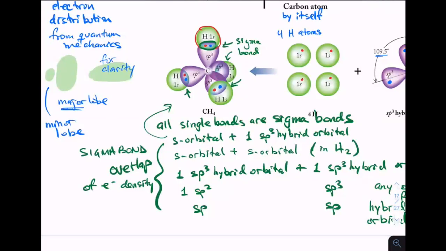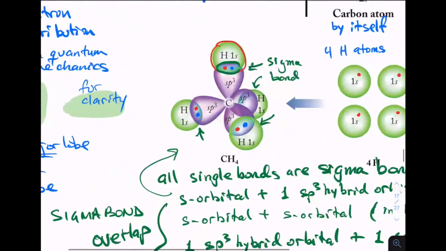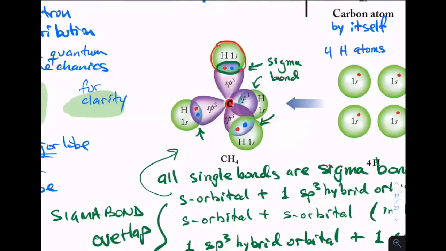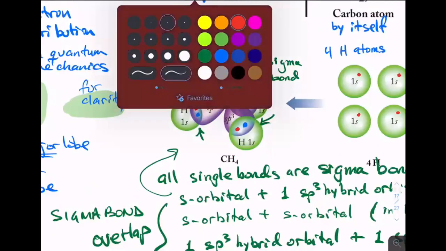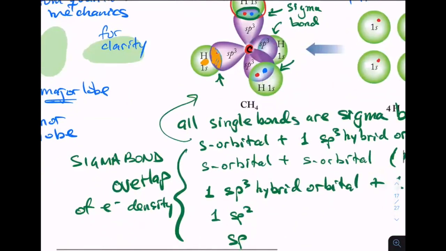And before I leave that subject, let me make one more statement about the sigma bonds and where this overlap is. Notice in methane here, the carbon nucleus is here. Let's put carbon back in there. And the hydrogen nucleus, let's change color, the hydrogen nucleus is over here. And the density of the shared electrons is along the axis between the nuclei. That's going to be important with this model building, right?